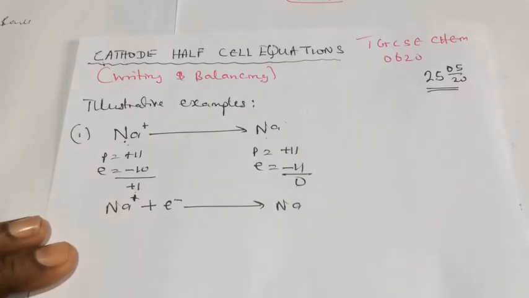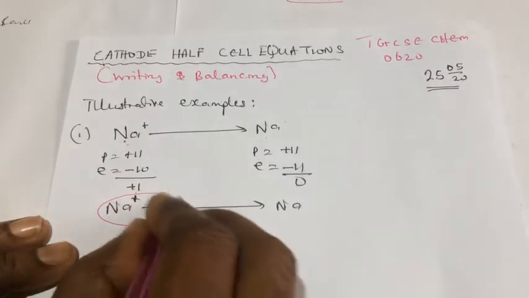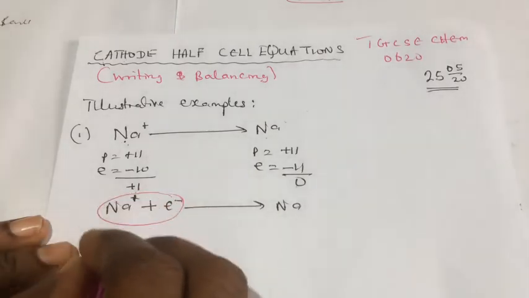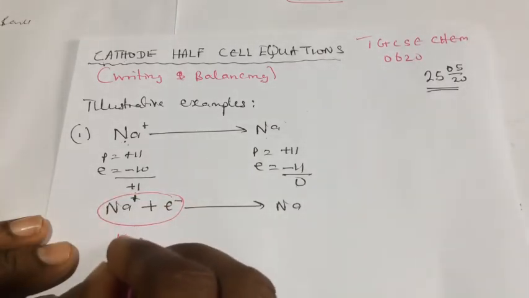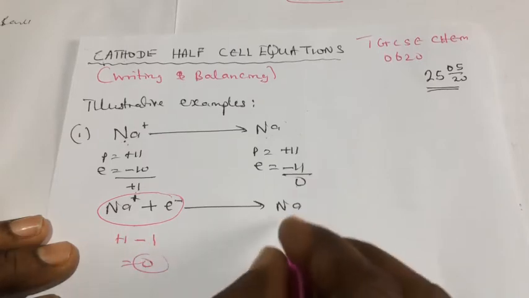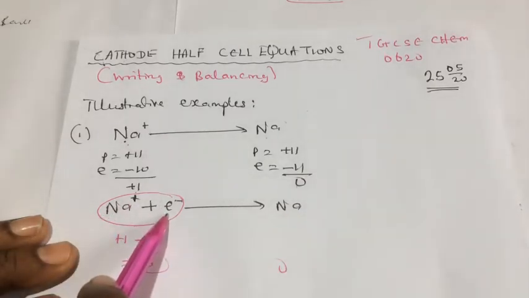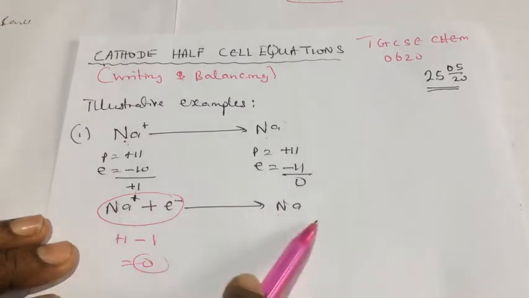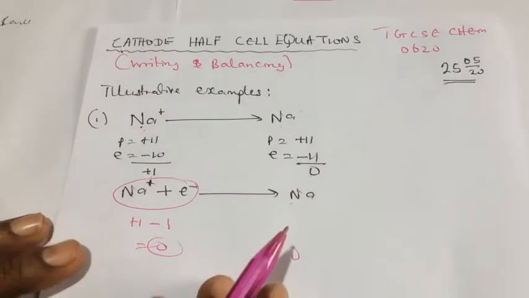Now if you look at this side, the charge for sodium is plus 1, the electron is minus 1, right? That gives you 0. Here is 0. So the left-hand side charge and the right-hand side charge are now the same, 0 and 0.